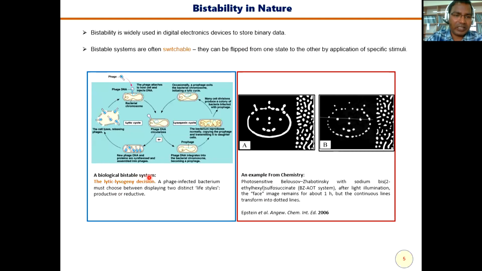One is a biological example, where a phage-infected bacterium must choose between two cycles, lytic and lysogenic, to make a distinct lifestyle. This is an example from chemistry, where in a system, after light illumination, the phase image remains for about 1 minute, but the continuous lines transform into dotted lines. This is one system of bistability.